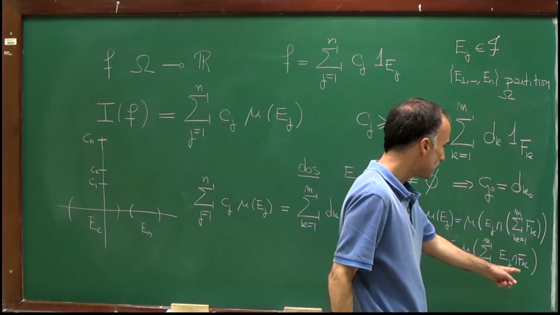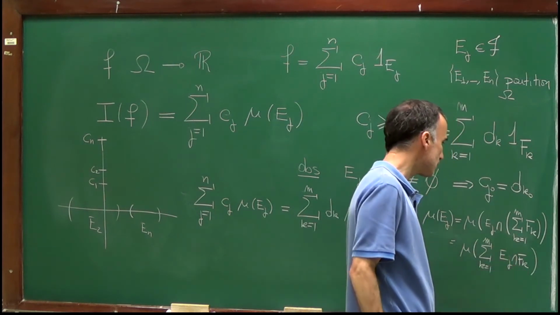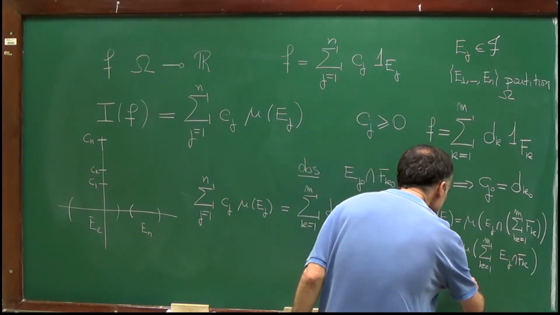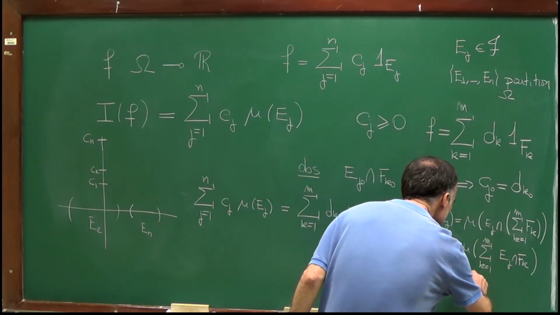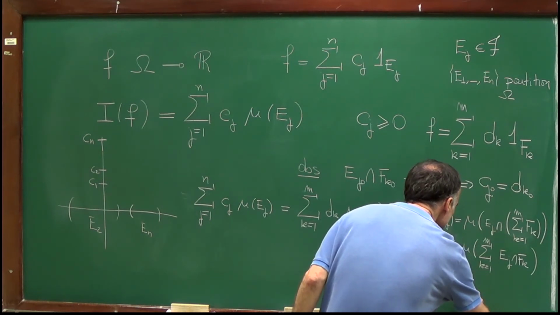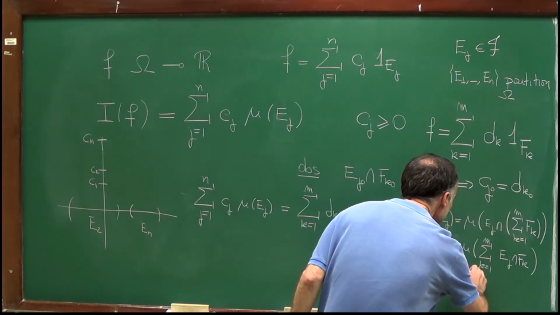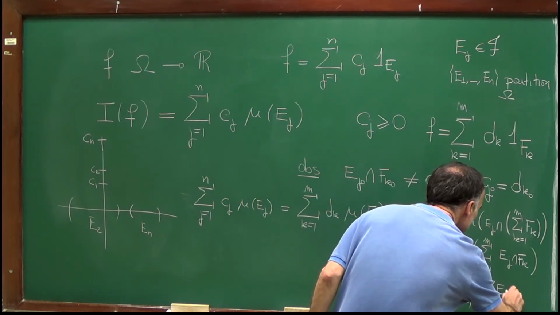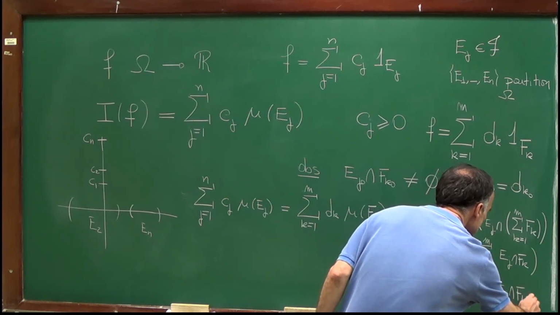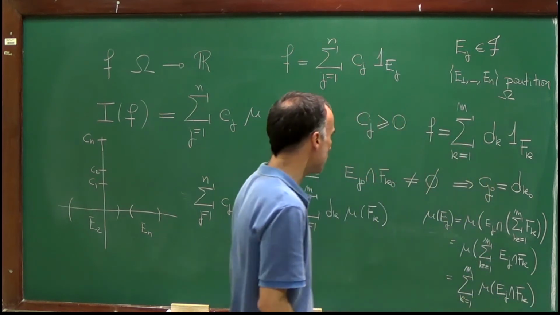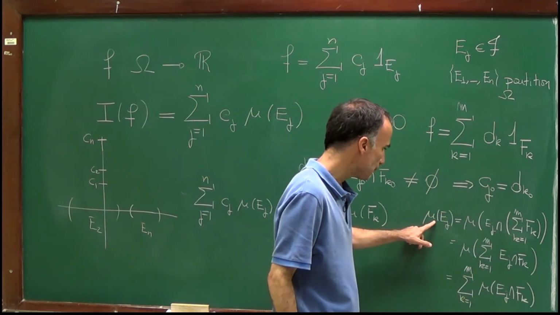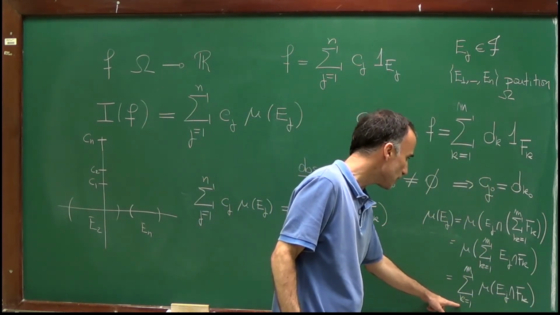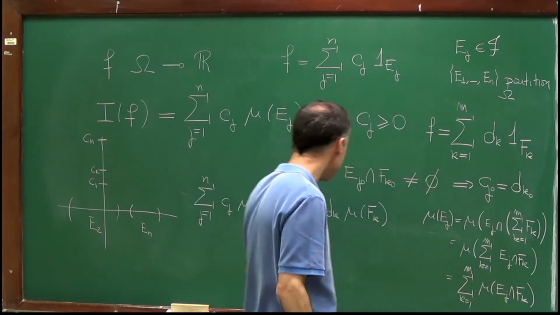And since Fk forms a partition, all these sets are disjoint. So by additivity of mu, this is equal to the sum from 1 to m of mu of Ej intersection Fk. Right? So I proved that mu Ej is equal to the sum in k of mu of Ej intersection Fk.